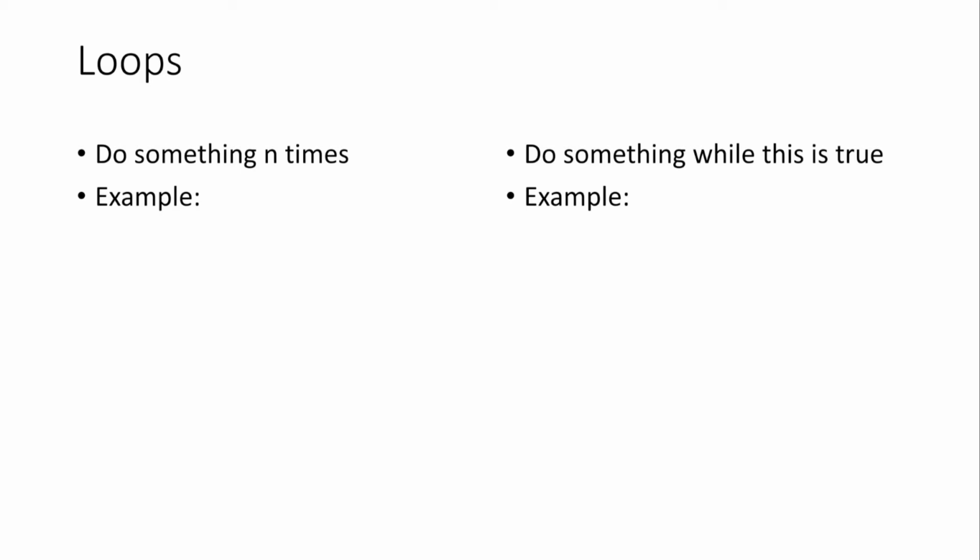The first one does something n times. You can specify this, right? But it will do it n times. Then you have to do something while this is true. This one is called a for loop. And this, as is in the name, is called a while loop.